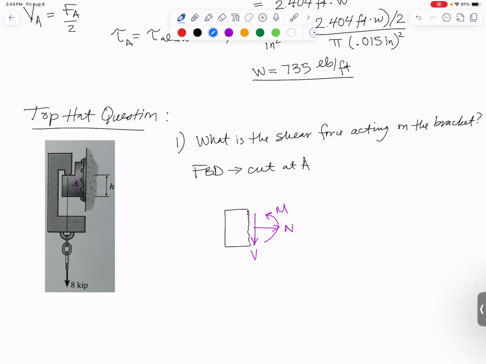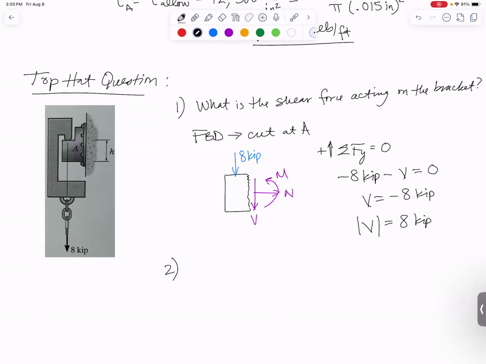So I also want to draw on here my downward applied 8 kip force. What I want to solve for is V. Summing forces in the y direction, I've got minus 8 kips minus V equals 0. So the shear force is minus 8 kips, or the magnitude of the shear force is 8 kips.